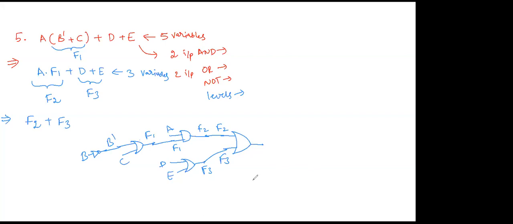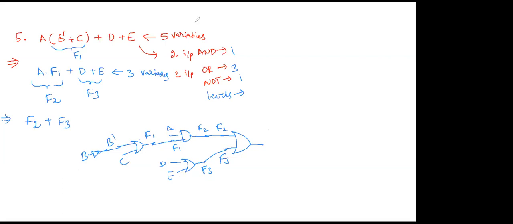So you have three OR gates, a single AND gate and a single NOT gate. Okay. Here AND gate is 1, OR gate is 3, NOT gate is 1. Now we need to look at the longest path. Okay. For that you need to check each input. A, B, C, D, E, you need to check.